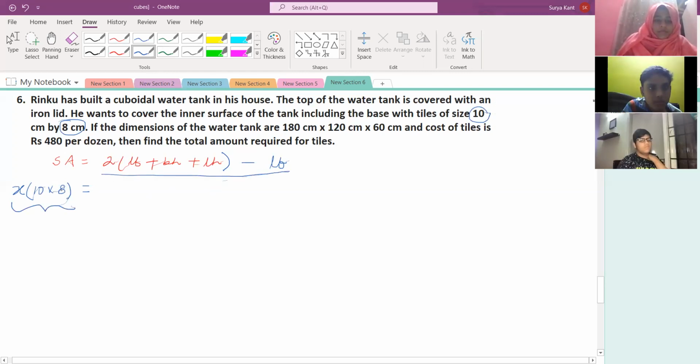Is it clear to everyone what I've written here? X into 10 into 8. Why? Because we don't know how many tiles we are using. The x tiles multiplied by 10 into 8, each tile, is equal to 2 into LB.